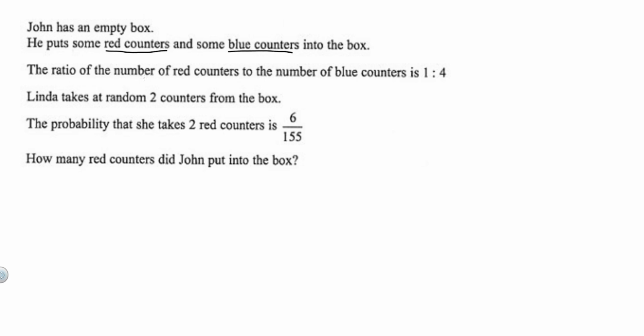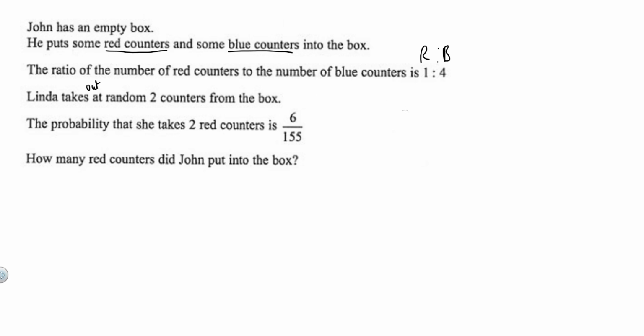The ratio of the number of red counters to blue counters is this, red to blue ratio, all right? So there's 4 times as many blues as red ones. Linda takes out at random 2 counters from the box.